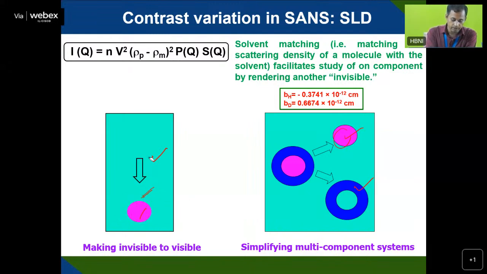But the other way around, if the core is matched with the solvent, then you are able to see the shell thickness. So solvent matching facilitates the study of a component by rendering another invisible. You have two things, and you are making one visible in the presence of the other. In a multi-component system, such as a core-shell structure, you can easily identify it using contrast matching.